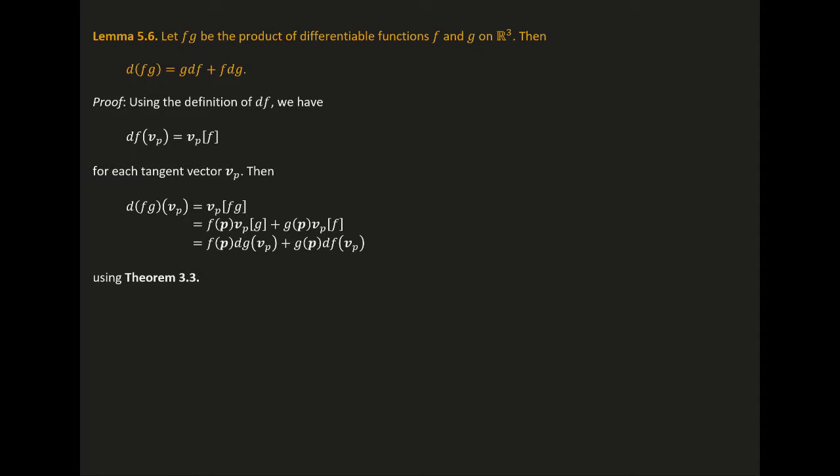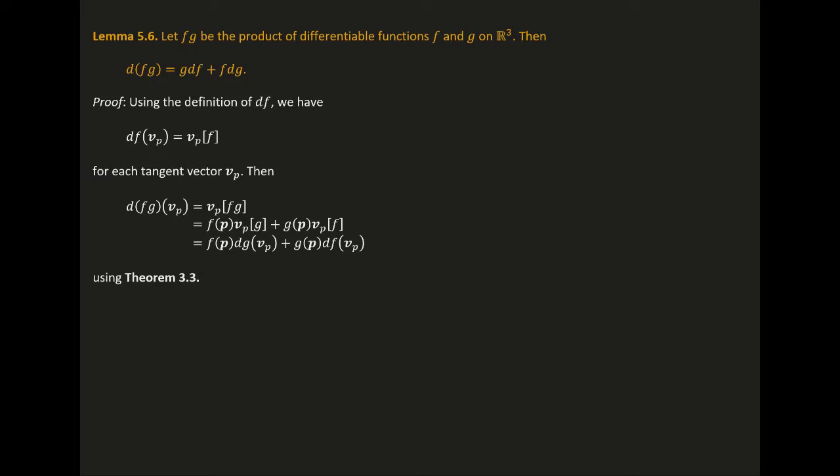We obtain this product rule for differentials by tying it back to directional derivatives. So using the definition of df, we have df of the tangent vector vp is equal to the directional derivative of f in the direction of the vector vp.